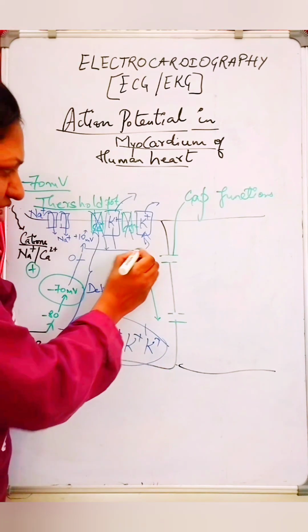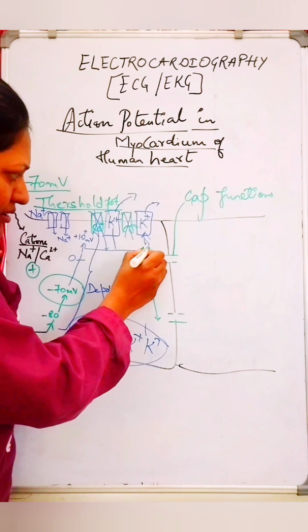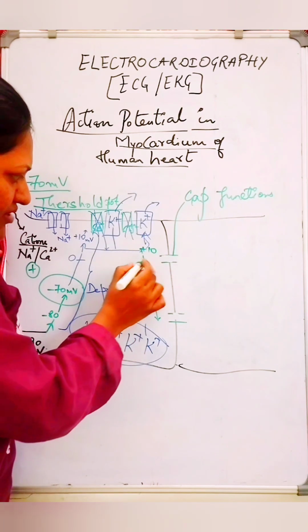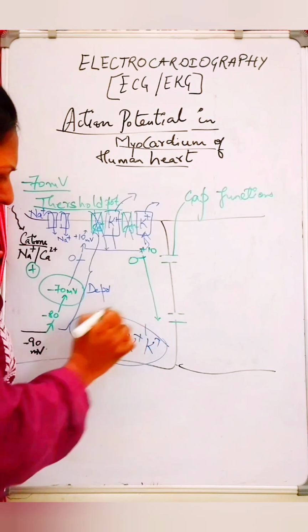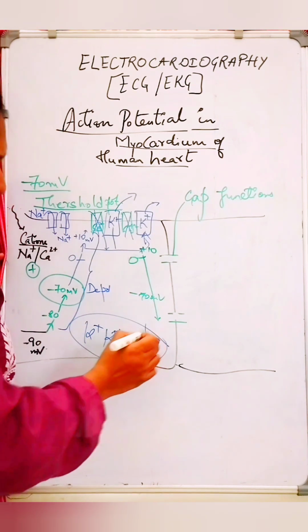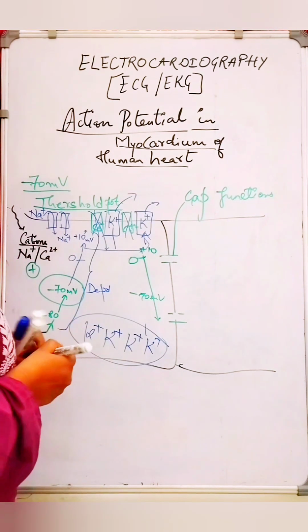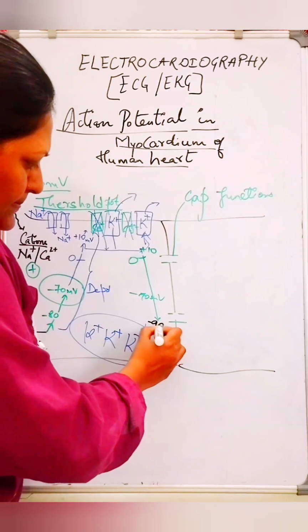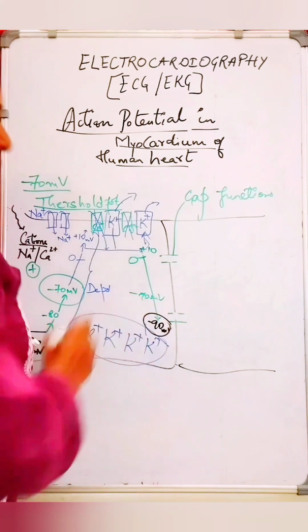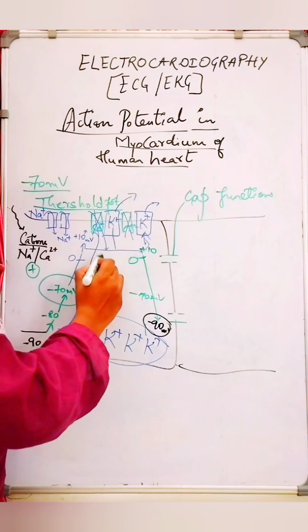From plus 10 it will become maybe 0. Again, same thing, minus 70 millivolts, 80, and ultimately you will get back again to minus 90. So this phase, as I told you, is depolarization towards positive.